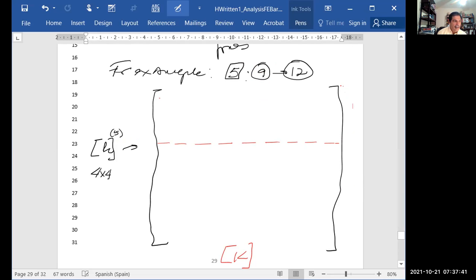See, joint one, how many rows do you use for joint one? Four.